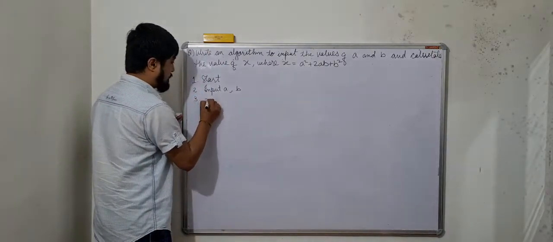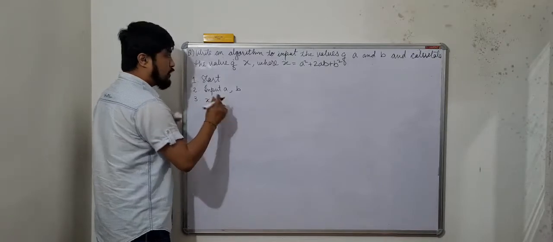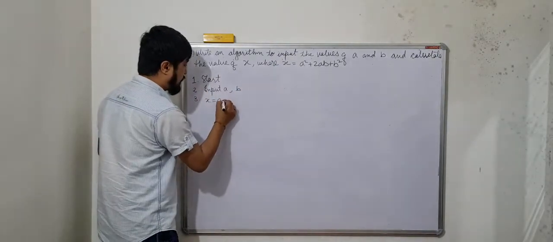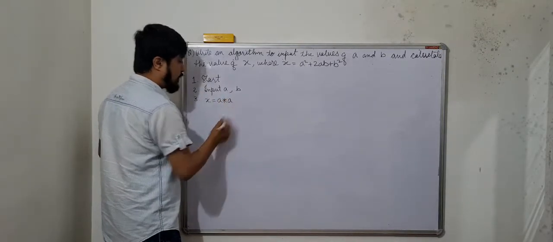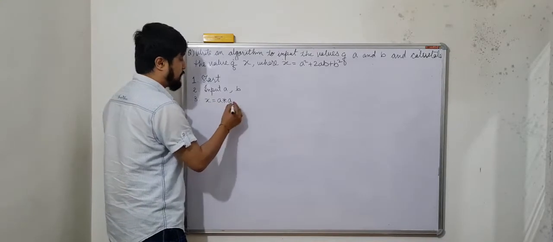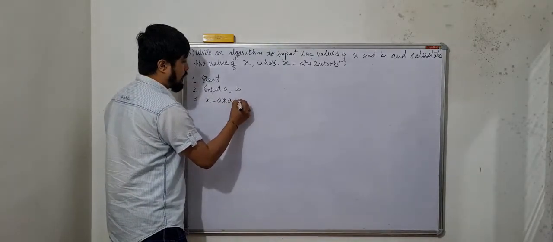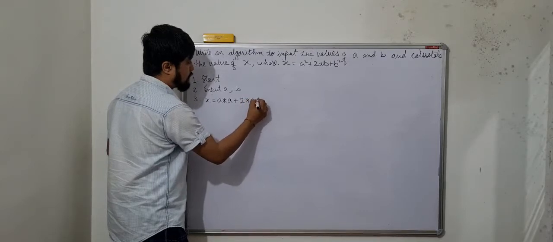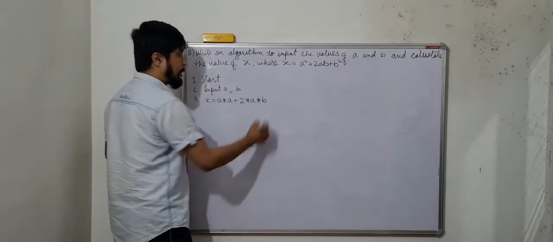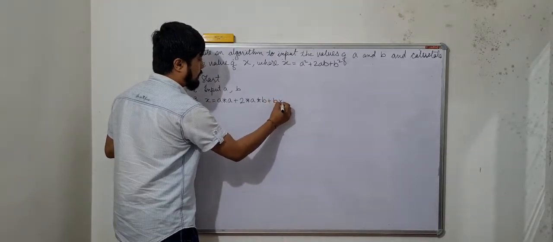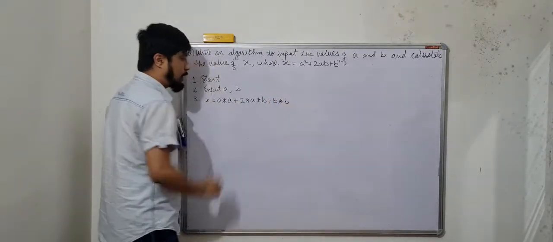So x equals a. We'll not write a square like this. Instead of a square, we write a into a. For into, we use the asterisk mark, so 2 into a into b plus b square, that is b into b.